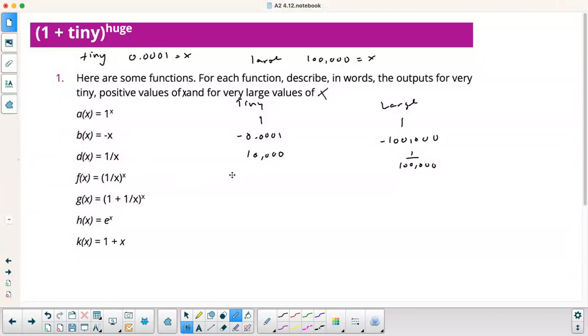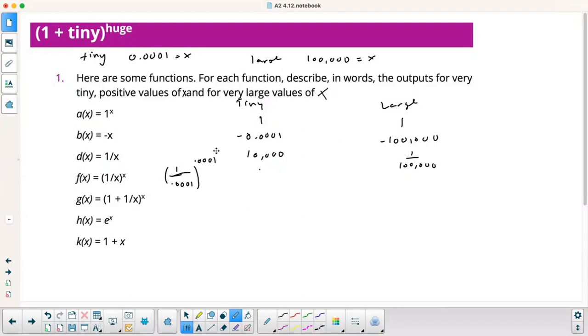1 over x to the x. So this starts getting a little bit harder. I can't do it in my head. So 1 over 0.0001, and then take that to the 0.0001.